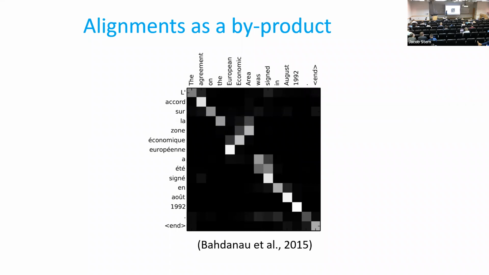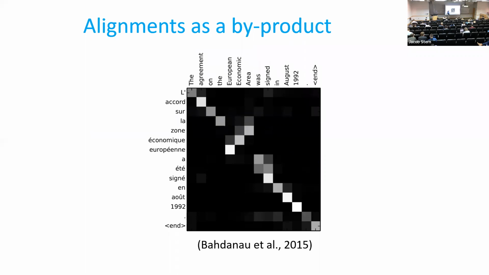Okay, so we take as input l'accord sur la zone économique européenne a été signé en août 1992.end. Okay, I butchered that, I know. So then we have all of that, and we have all of our hidden states from that, and we want to predict the word the.